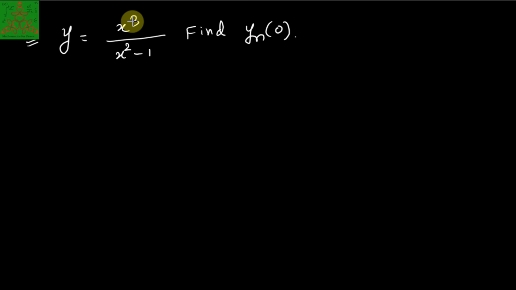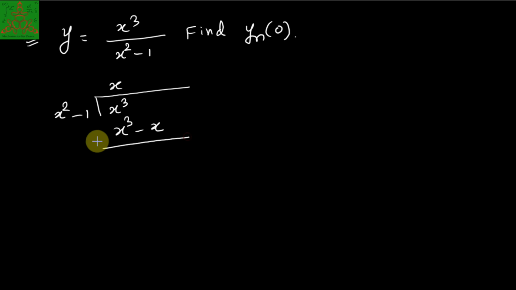Here you should note that the numerator is of degree 3 and the denominator is of degree 2, so you have to do the division. It is x cube over x square minus 1. If I multiply by x, this will become x cube, so it is x cube minus x. So if I subtract this one, then you will have x here.